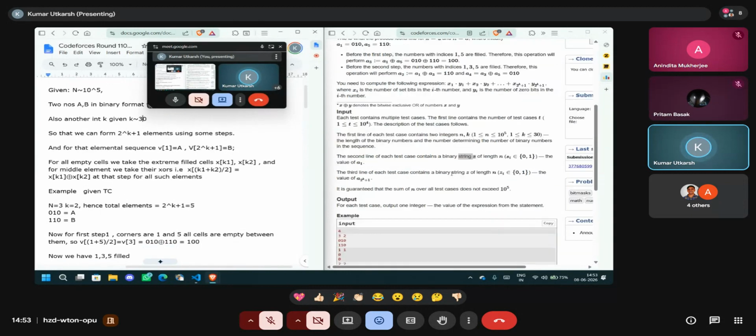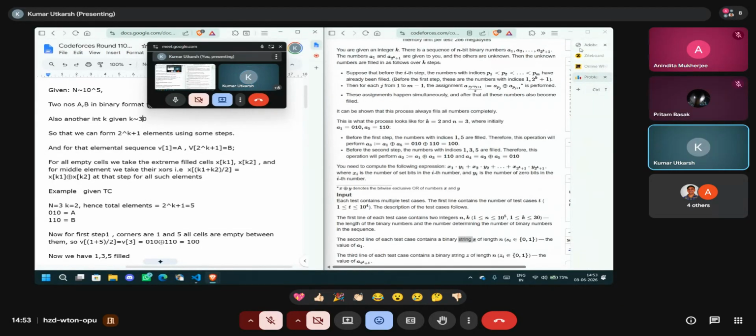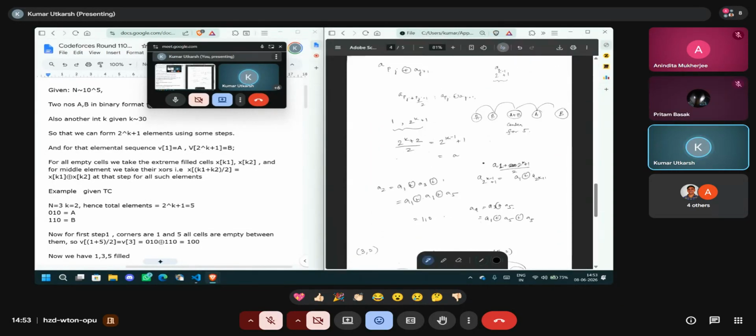We need to form a sequence of length 2^k plus 1. So what does 2^k plus 1 mean? It's just an odd number, so we have to form an odd length sequence.